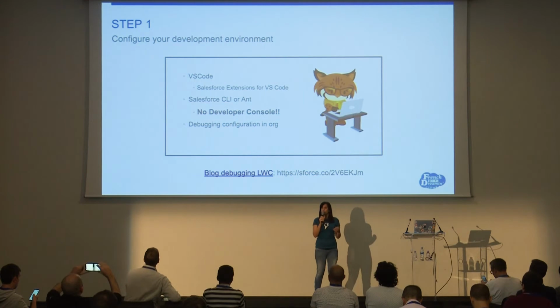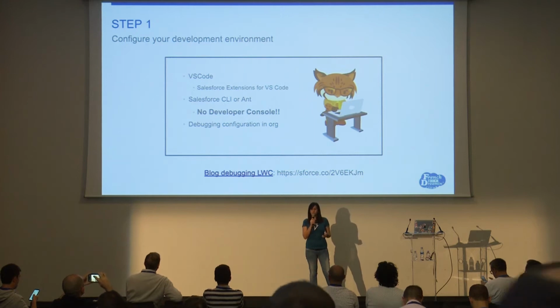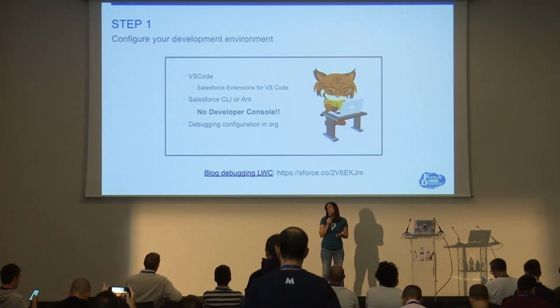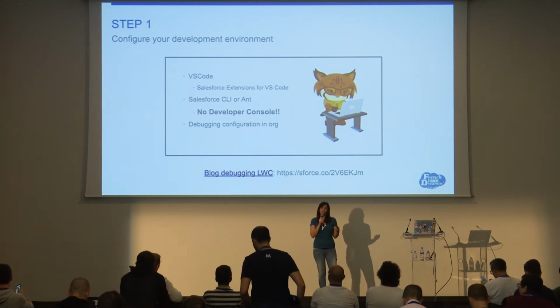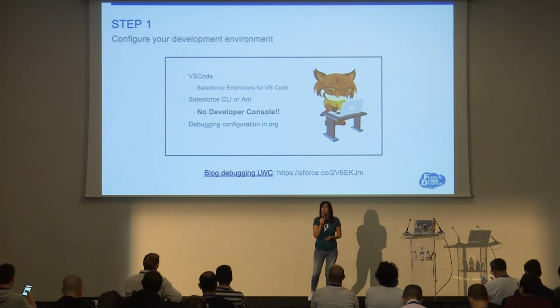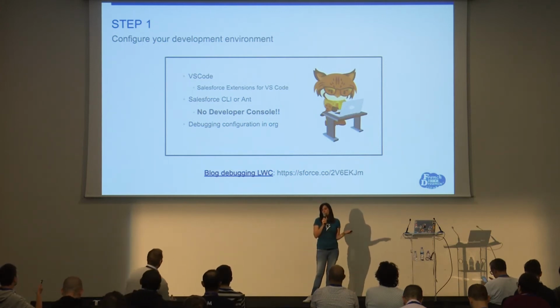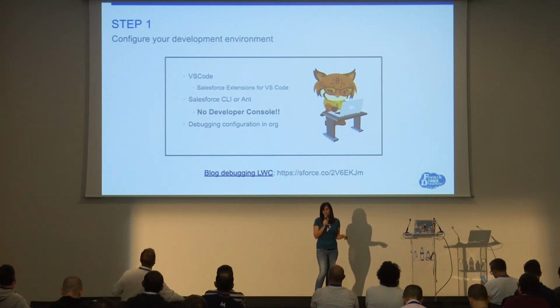It's going to show you the help of the base components when you hover over them, and a lot more functionality. Then, to be able to upload your Lightning Web Components to the organization, you need to use either the Salesforce CLI or the Ant tooling. The developer console does not show Lightning Web Components, and you cannot use it to develop Lightning Web Components.